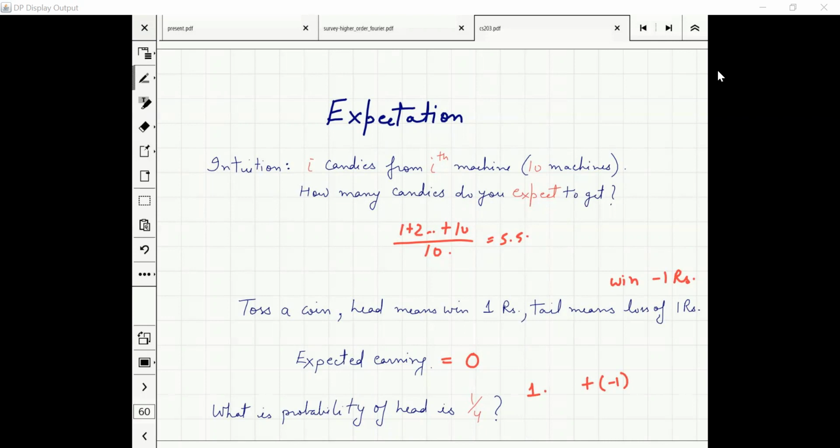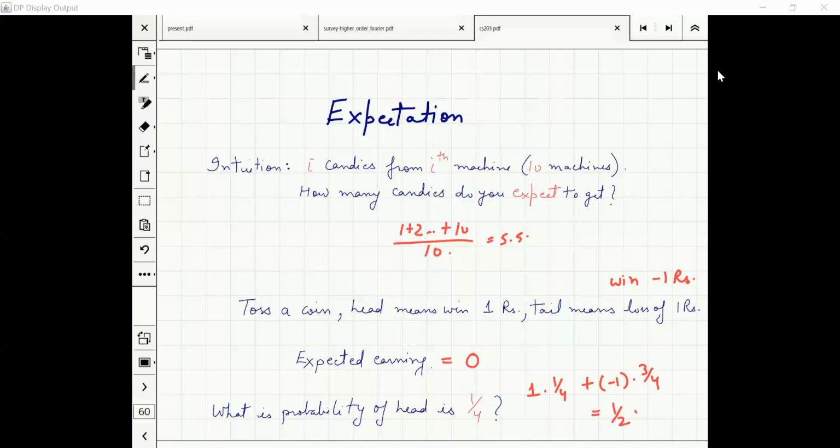So if we have a huge amount of data, the chances are that 1 by 4th of the times we would earn 1 rupee, and for the other 3 by 4th times we would earn minus 1 rupee, and if we add these two, our earning would be minus 1 by 2. Very nice, very nice. So this will give you half.